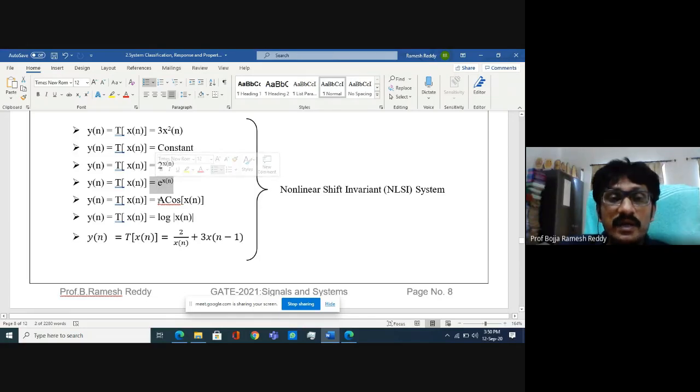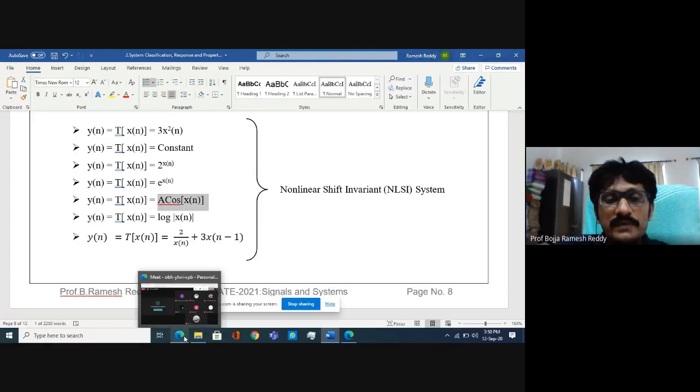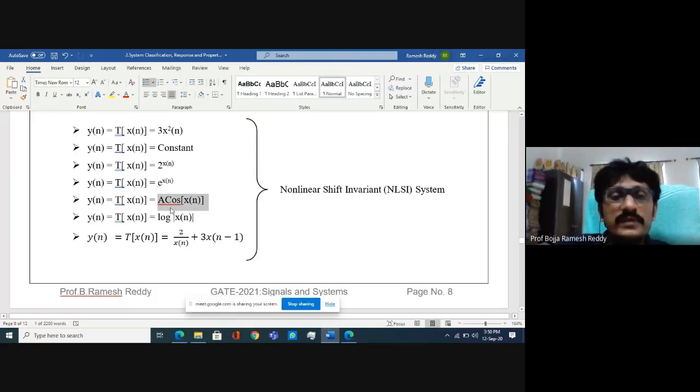Next, a cos x of n. Cos of (x1 plus x2), like cos of (a plus b), is not equal to cos a plus cos b. That's why it is a non-linear system. Then logarithmic functions.